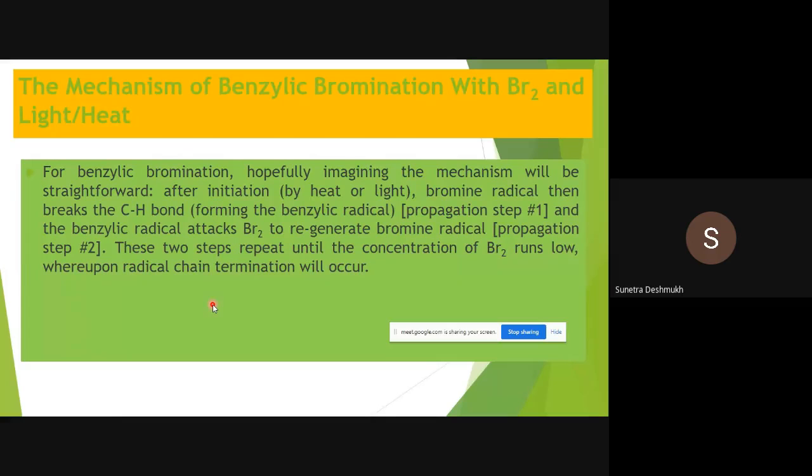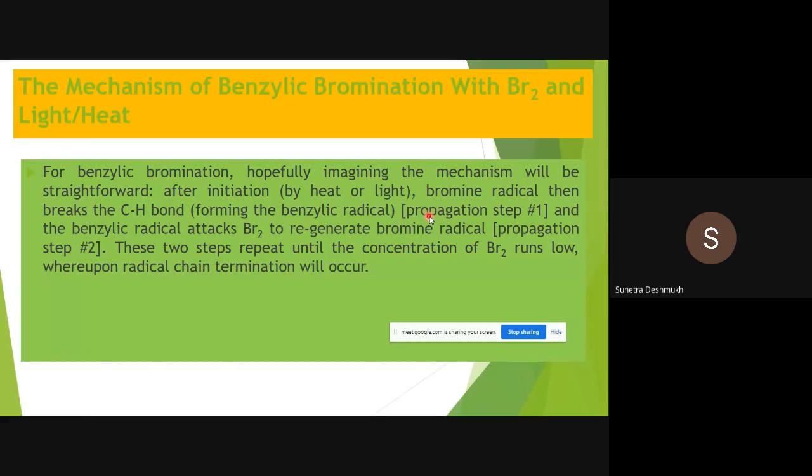As usual there are 3 steps: initiation, propagation, and finally termination, that we have seen very well. In initiation, by heat or light, the bromine radical breaks the CH bond. That means Br dot forms a benzylic radical. At the initiation stage we got the benzylic radical.